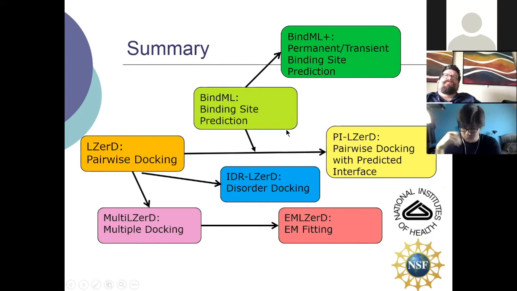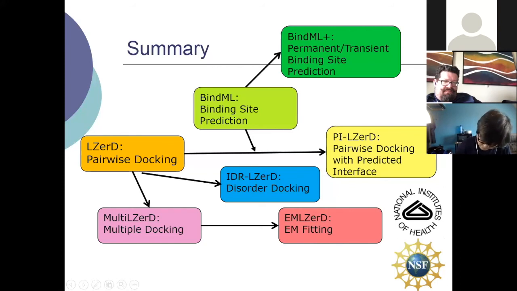Okay, BindML, sure, we can. BindML has a server, and I hope it still works. BindML performs well, though I cannot say that it performs much better than other existing methods. But it is using a kind of original idea of checking mutation patterns from multiple sequence alignment at the protein interface.